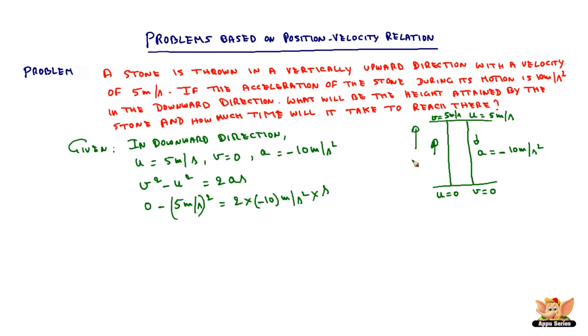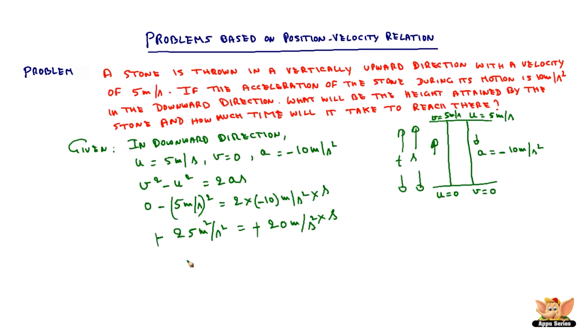So this distance is s and the time taken for this distance is t. On solving, we get minus 25 meters square per second square, which is minus 20 meter per second square into s. S is the distance.